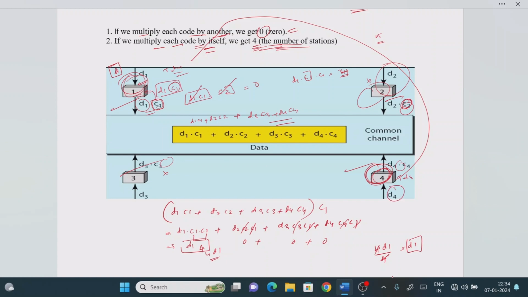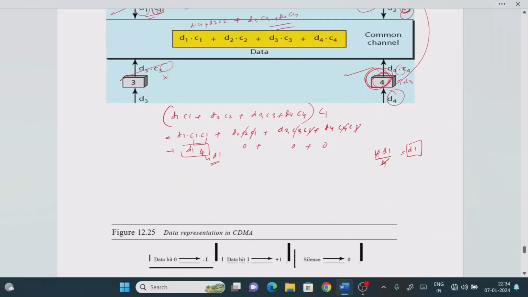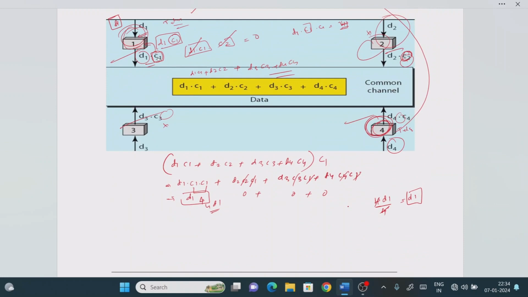So this is how, even though multiple stations are sending at a time using the single common channel, effectively we can transmit the information without collision. Now one more term you have to understand: I can send the binary information 0 or 1. If I don't want to send either 0 or 1, I need to keep quiet.